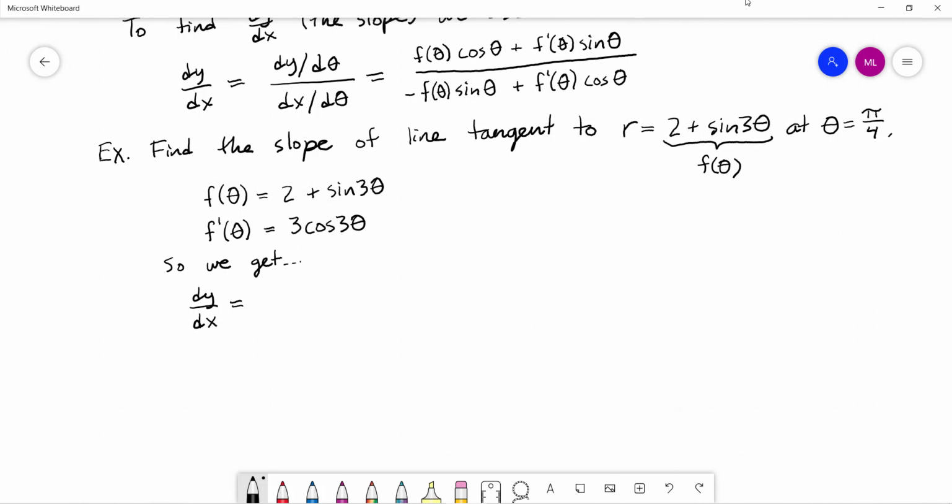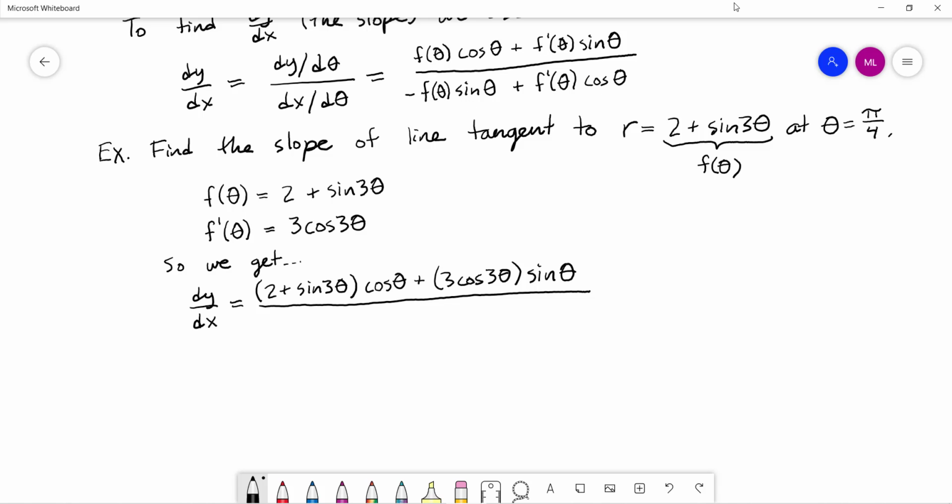So plugging in, I'm going to get f of theta, which is 2 plus the sine of 3 theta, times cosine of theta, plus f prime of theta, which is 3 cosine of 3 theta, times the sine of theta. There's my numerator, and all I'm doing is copying this formula. So f of theta cosine of theta plus f prime of theta sine of theta. So I've just copied the numerator.